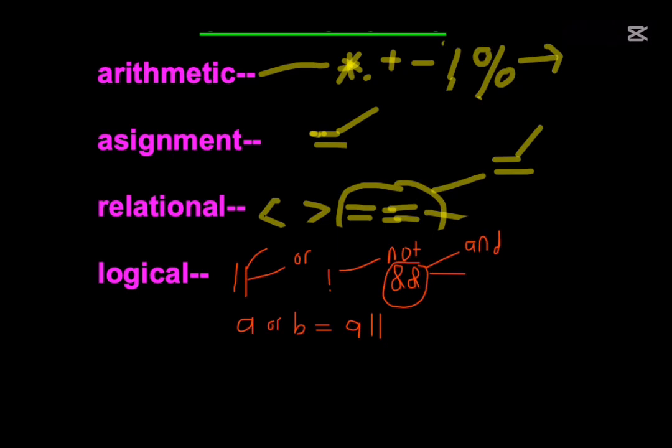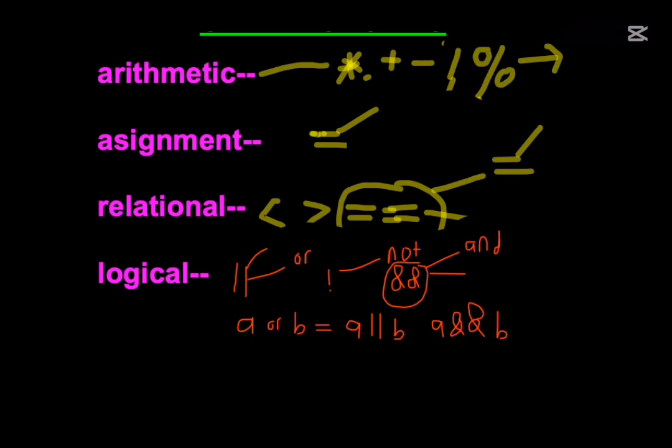This means a or b. If I want to say a and b, I'm going to say a, then I'm going to write this, and b. So that's how we talk to computer.